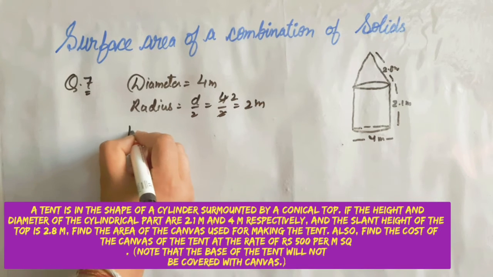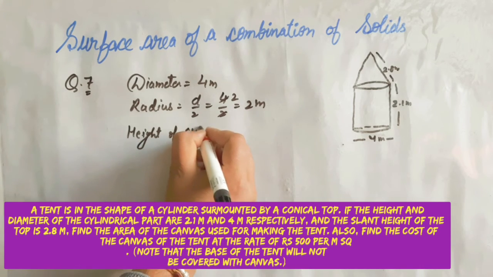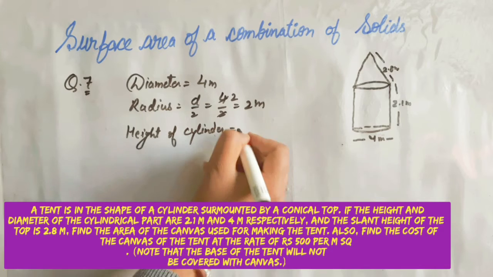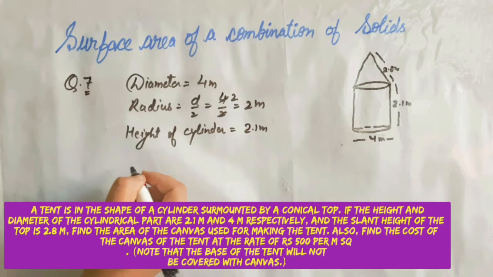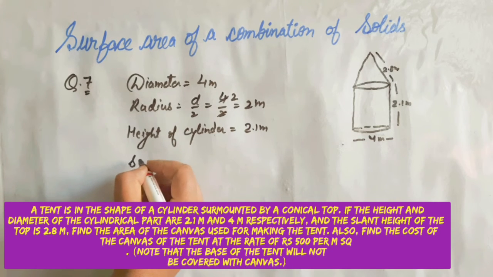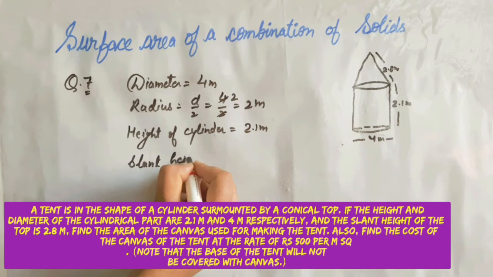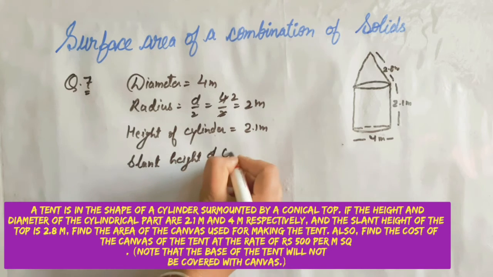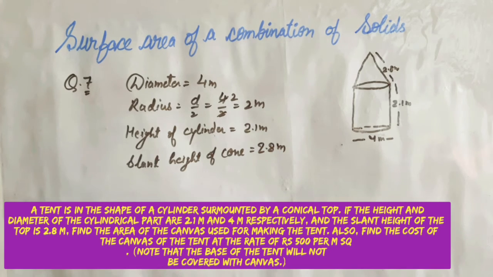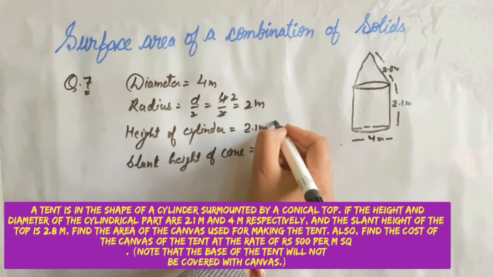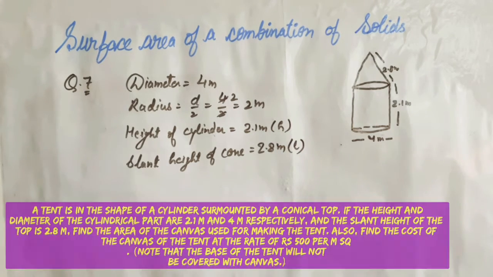Now height of cylinder is given equals to 2.1 meter, and the slant height of cone is given equals to 2.8 meter. Now we know the height we used as h and slant height we use as L.